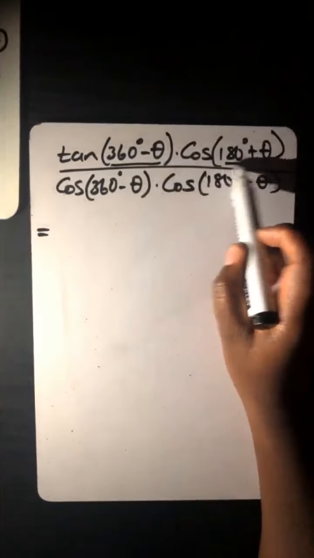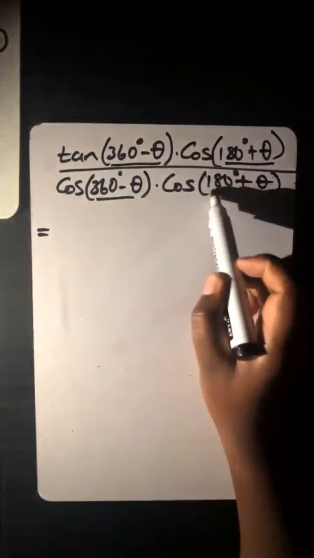So guys, for you to understand these things better, make sure that every time by just looking at that angle, you know exactly in which quadrant it falls. That helps you to quickly answer these questions without having to draw that CAST diagram. And again, if you follow the correct procedure, you won't get a wrong answer.